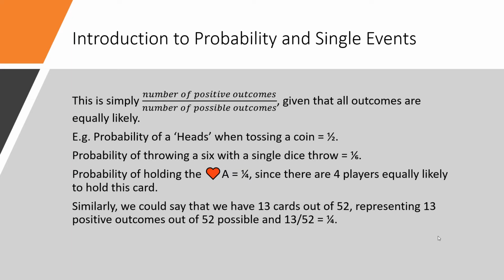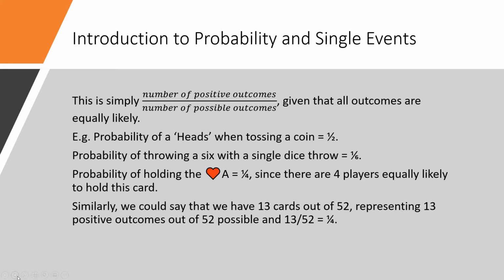So 13 in 52, or another way of arguing it is I have 13 out of 52 cards, so that is my probability. 13 positive outcomes out of 52 possible ones. 13 in 52 is 1/4, because 4 times 13 is 52.